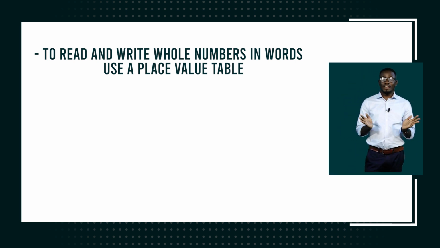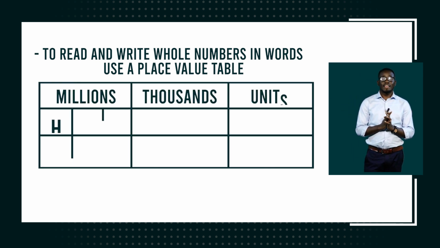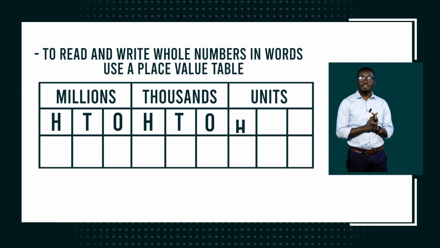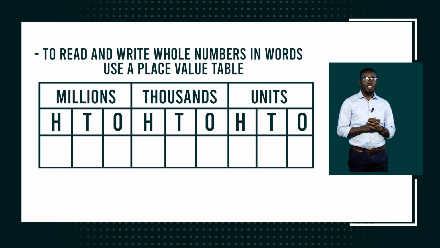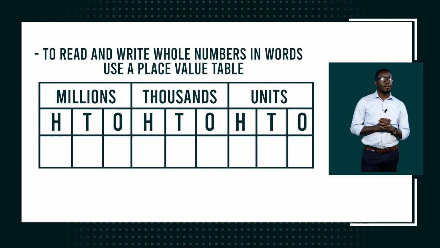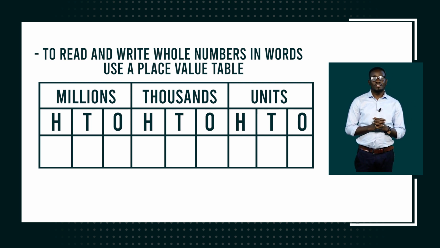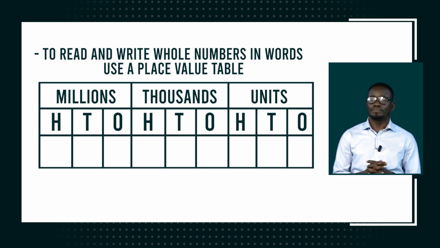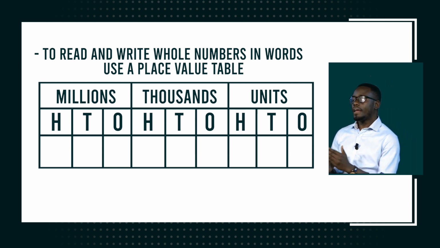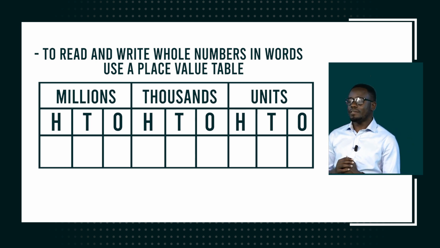For example, the place values, I mean the ones, the tens, the hundreds, the thousands, the 10,000s, 100,000s, then million, 10 millions, 100 millions, and others. There are many place values, but so far let us stop at millions place value. So after giving each digit its place value, then it becomes very easy.